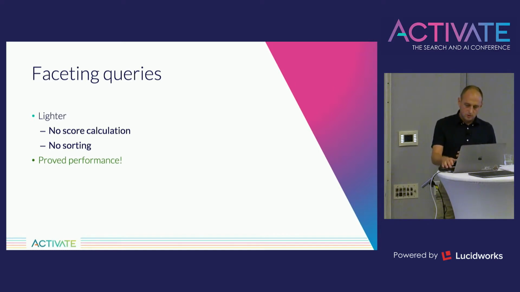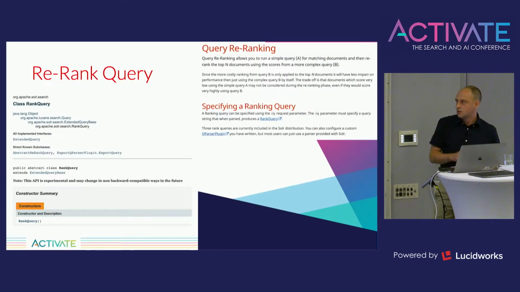And what we had to do was optimize the request that returns the items to build the list on the listing, the list for a page, the list of links to the products. We thought about using a re-rank query.